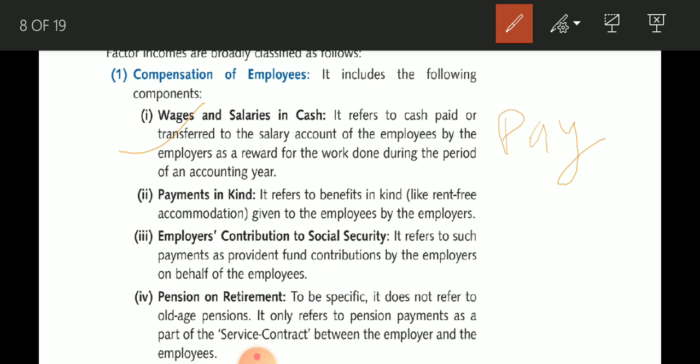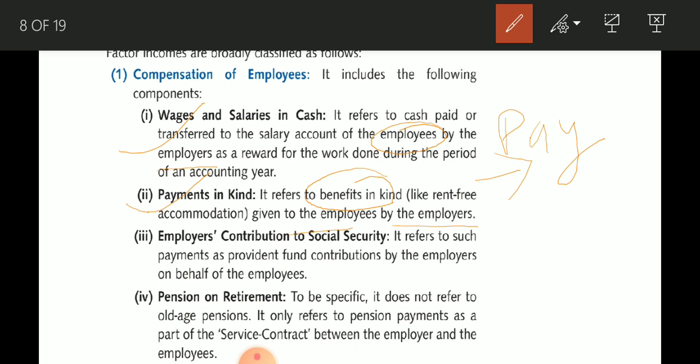Basically it is the payment given to employees by their employers. Second, payment in kind, which is the benefits given to employees by employers. It includes medical allowances, free fooding and lodging, convenience facility, education facility, rent free accommodation, etc.